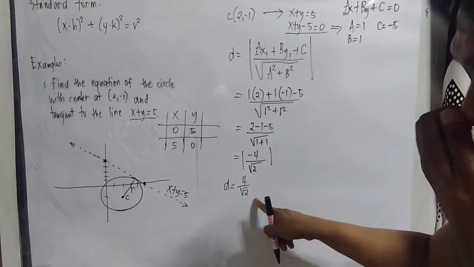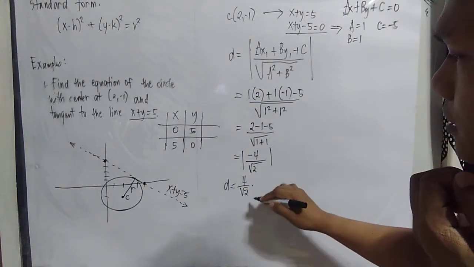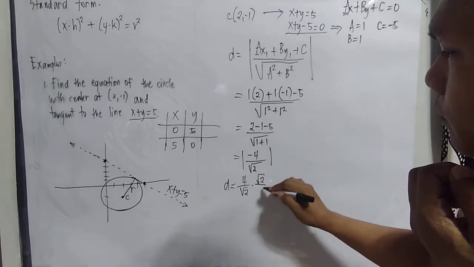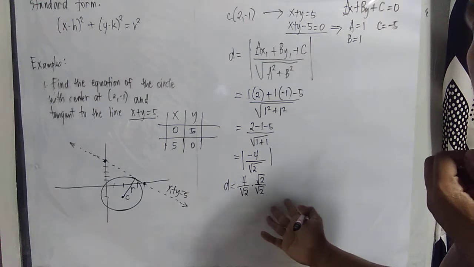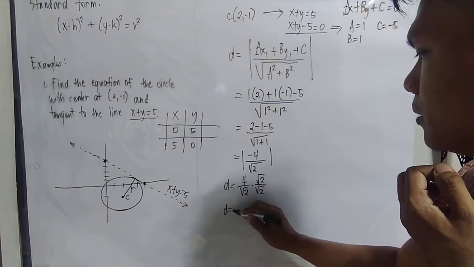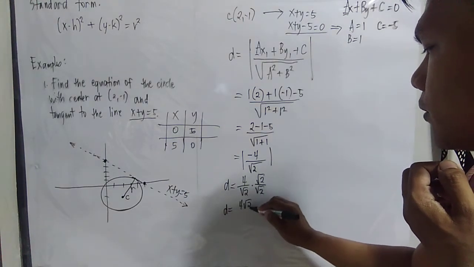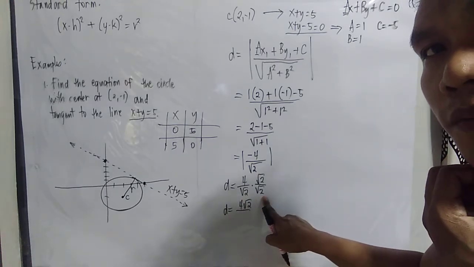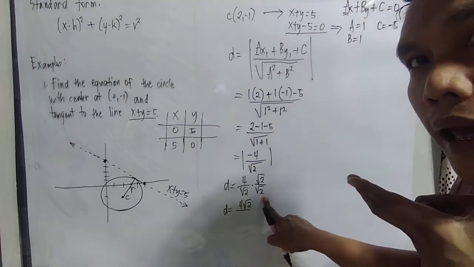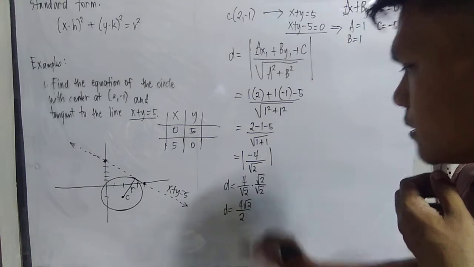Okay? Or rationalizing the denominator, let us multiply the numerator by the square root of 2 and the denominator by the square root of 2. This is the rationalization process. So our D will be 4 times the square root of 2 all over the square root of 2 times the square root of 2, which is the square root of 4, and the square root of 4 is 2.